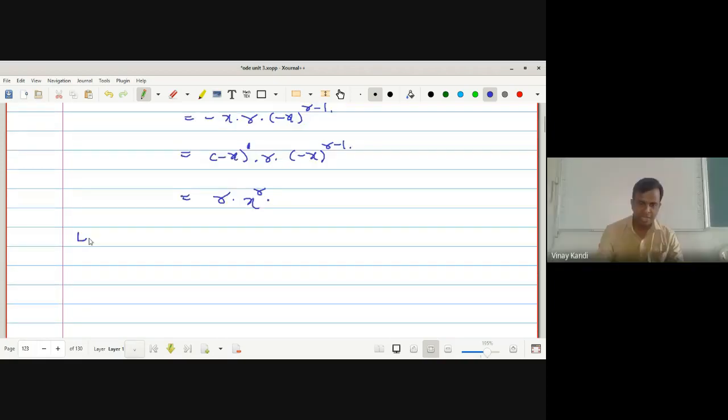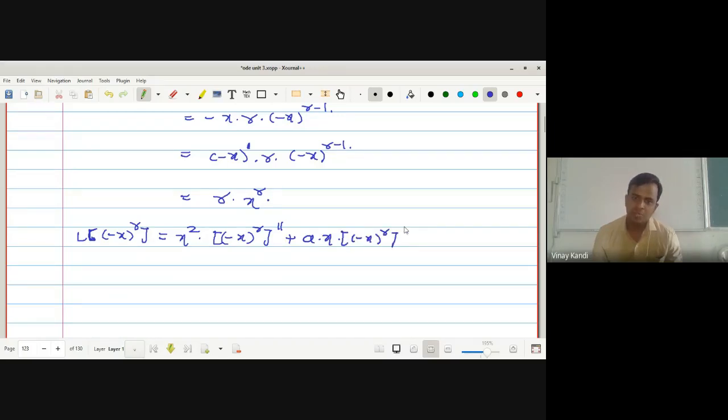So therefore, L of minus x raised to r is equal to, put the values of minus x raised to r in the L of y. So here we get x square into minus x raised to r double dash. Why did we find these values? To put them here. Plus a into x into minus x raised to r dash, plus b into minus x raised to r.